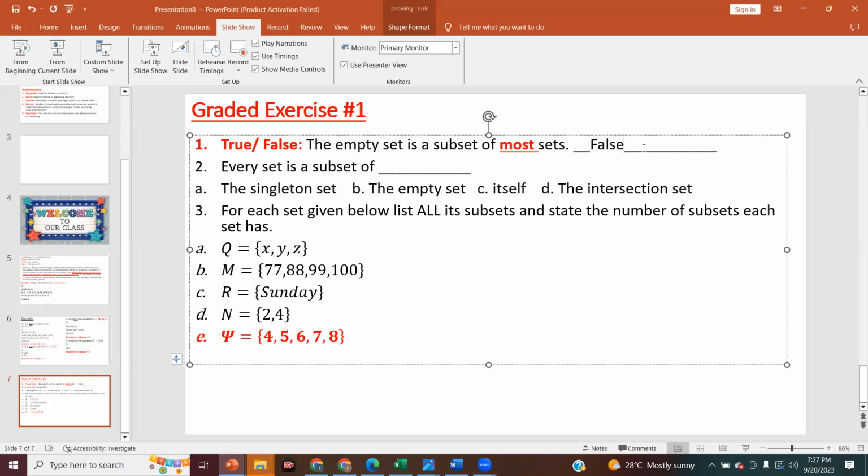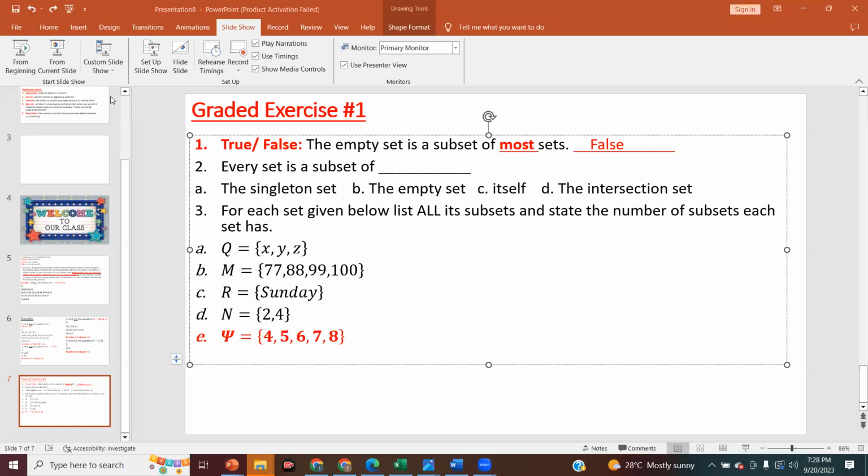All right. How many persons got that right? Let me know, please. All right. Great. So it's a subset of all sets. So that's why the answer is definitely false, not true. All right. Now for number 2.